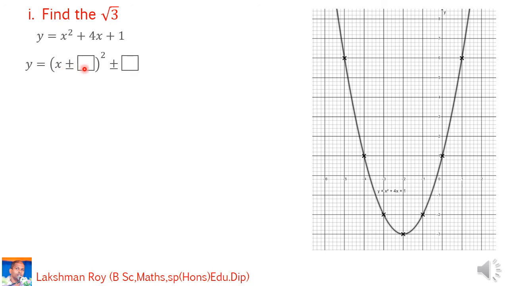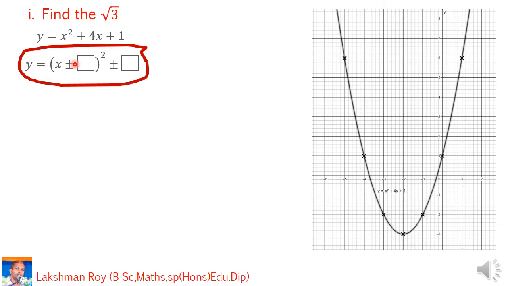The form is x plus or minus a number, squared. So the x term is within a square, then plus or minus another number. If you convert any quadratic function into this form, you can easily find the square root of any value using this graph.